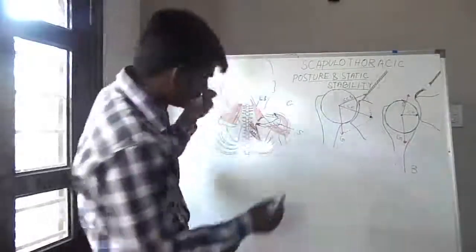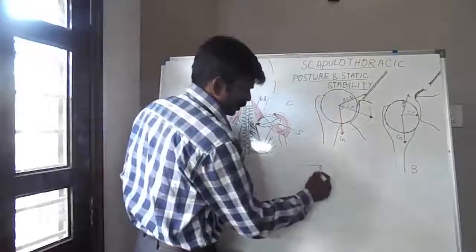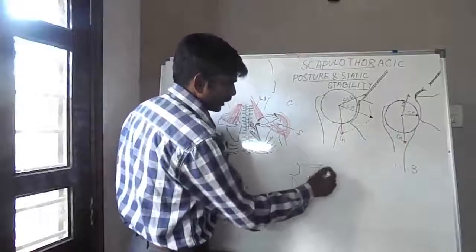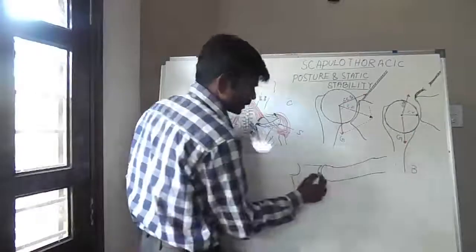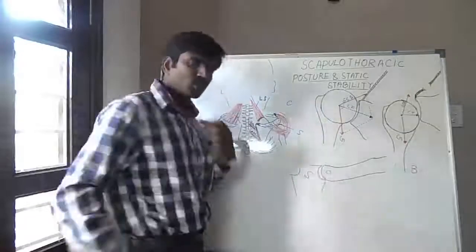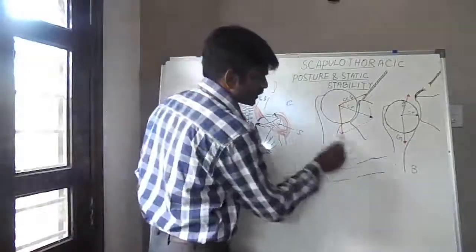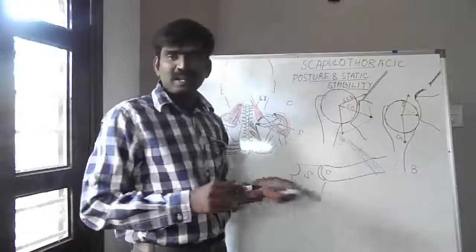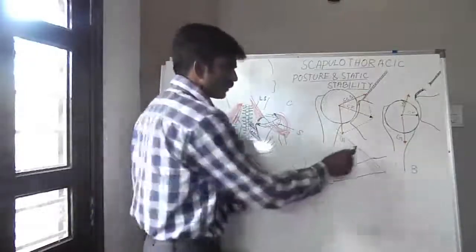So the scapula now, it will result in, now I am drawing the anterior view. This is the sternum, and this is the sternoclavicular joint, and I have told trapezius is attached to the lateral end of the clavicle, the lateral one third of the clavicle.